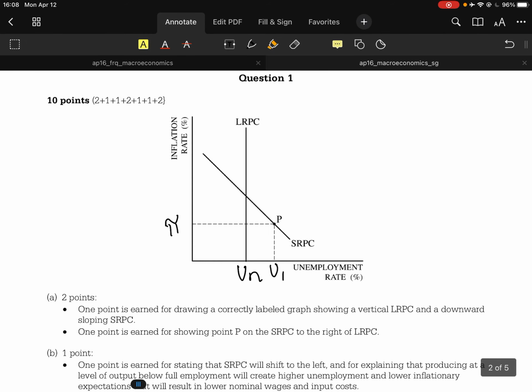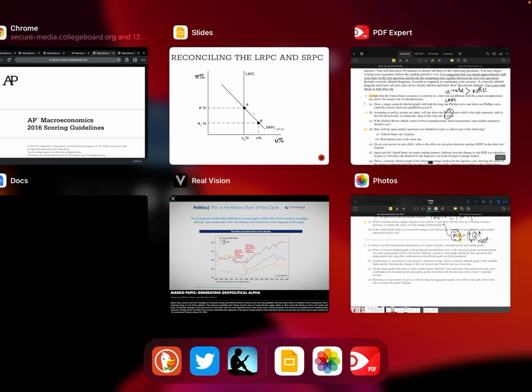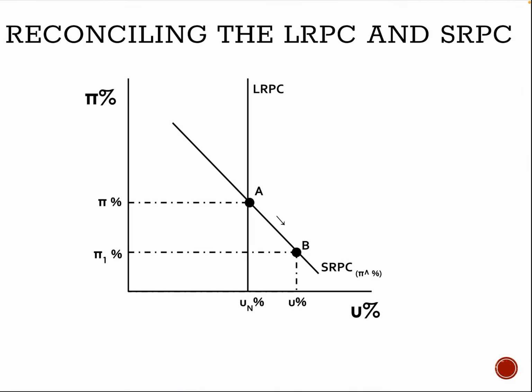So both to the right of LRPC, both below the intersection of LRPC and SRPC, so the bottom right hand quadrant. So it matters less how we get from A to B for the purposes of this FRQ question, but it matters a lot what the situation is like in our economy at point B.